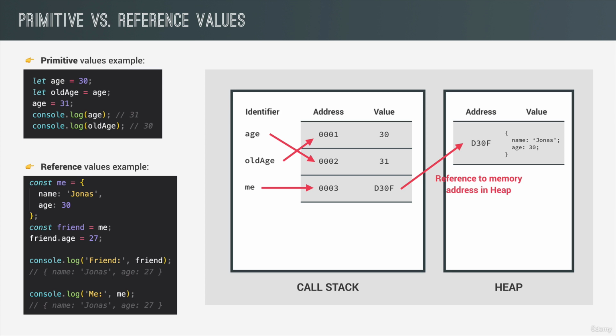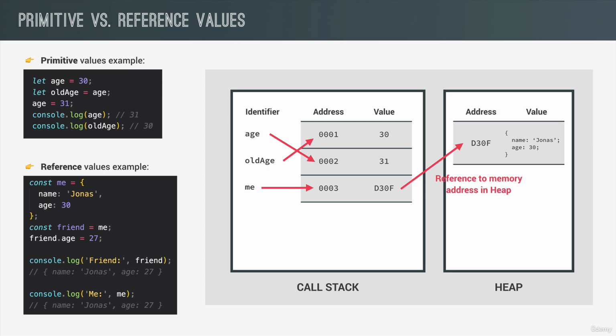Okay? And that's the reason why we call objects reference types in this context. So again, when we declare a variable as an object, an identifier is created, which points to a piece of memory in the stack, which in turn points to a piece of memory in the heap. And that is where the object is actually stored.